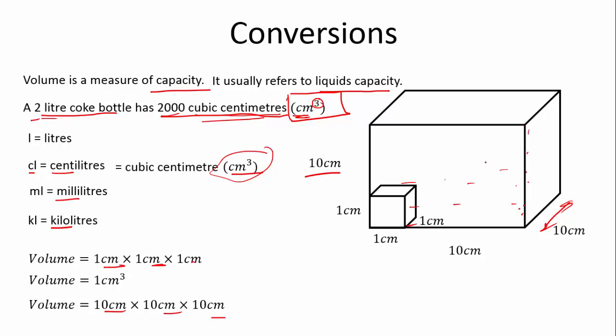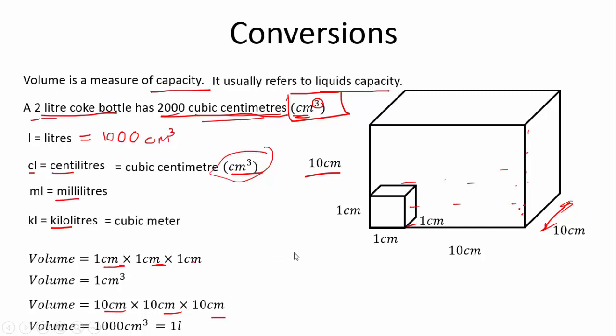And 10 rows of 100 are 1,000. 10 times 10 times 10. So 1,000 cubic centimeters are equal to 1 liter. Right? So there's 1,000 in a liter.